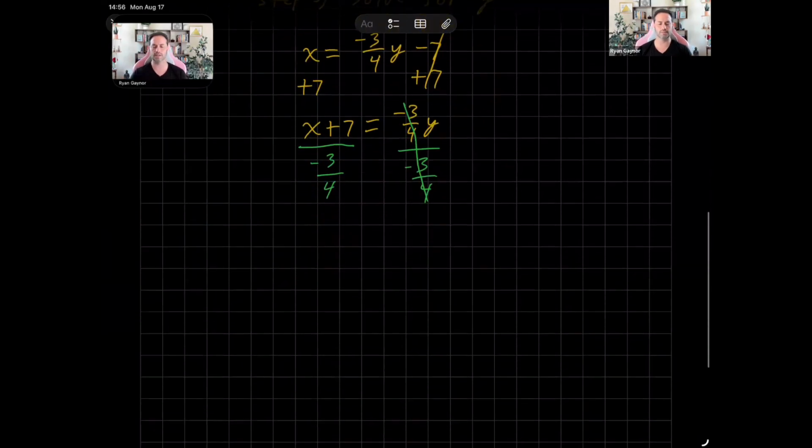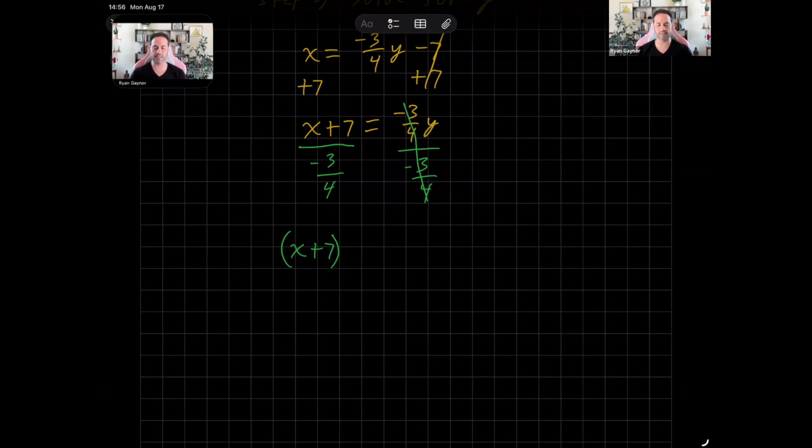So we have the x plus 7. I'm going to put that in parentheses because that's the first thing. And then it's being divided by the -3/4. Keep, change, flip means you keep the first thing, you change to multiplication, and then you flip the second thing.